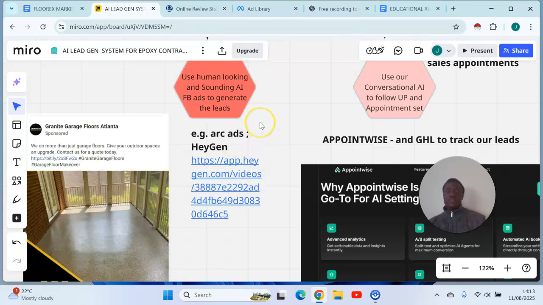But apart from that, it is very important to note that videos that work on Meta are before and after transformation videos. You need videos where you're showing the garage before, the way the floors are cracked and dusty, and then after, a shiny glossy garage.